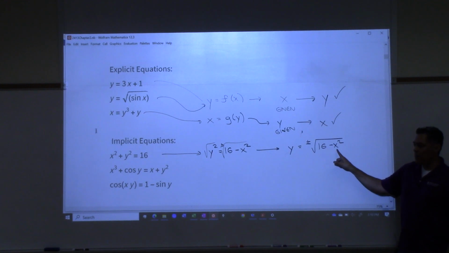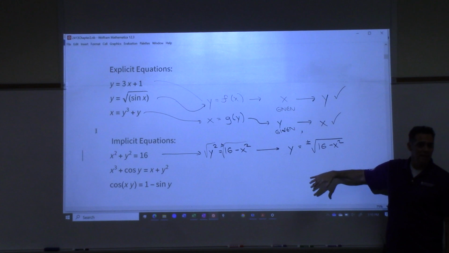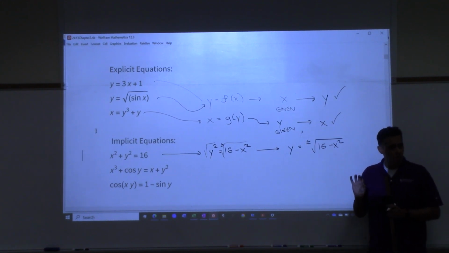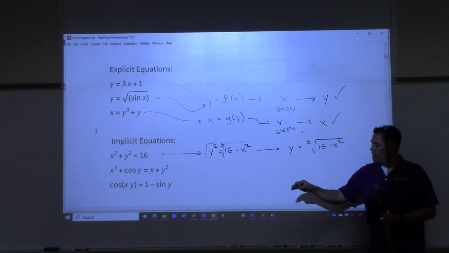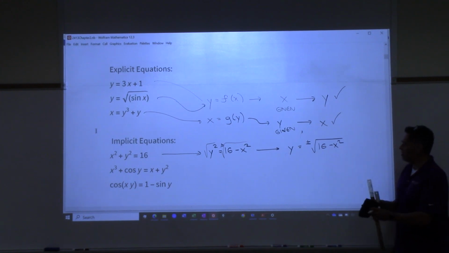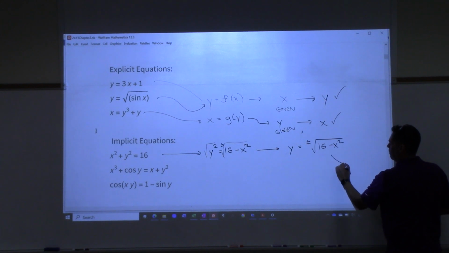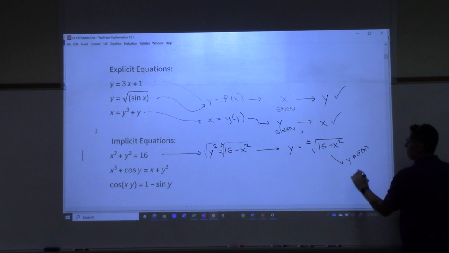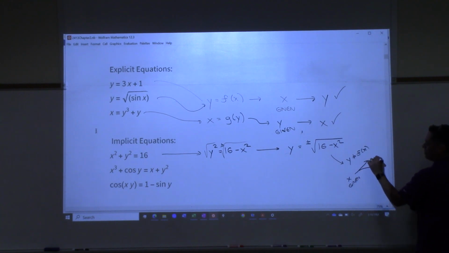If I plug in a number here, how many things come out? 2, right? I get a positive and a negative. And remember, a function is one input, one output. One thing goes in, one thing comes out. And so this is no longer a function of x, right? y is not a function of x, because if x is given, there's 2 y's, and that violates what a function does.